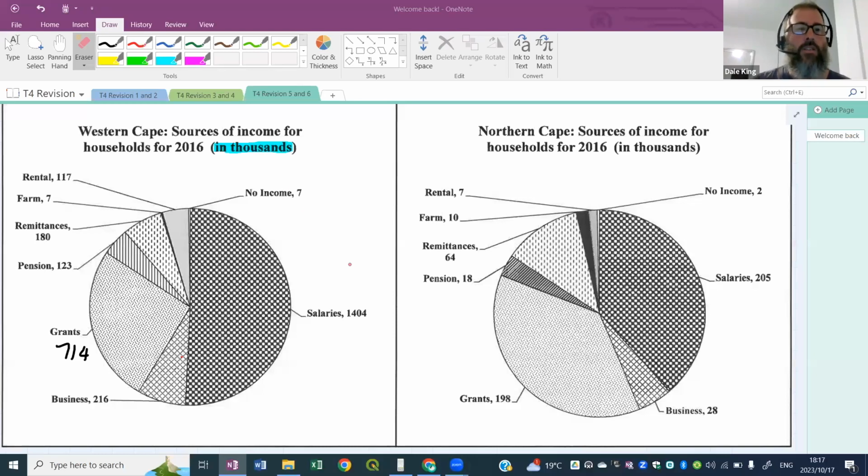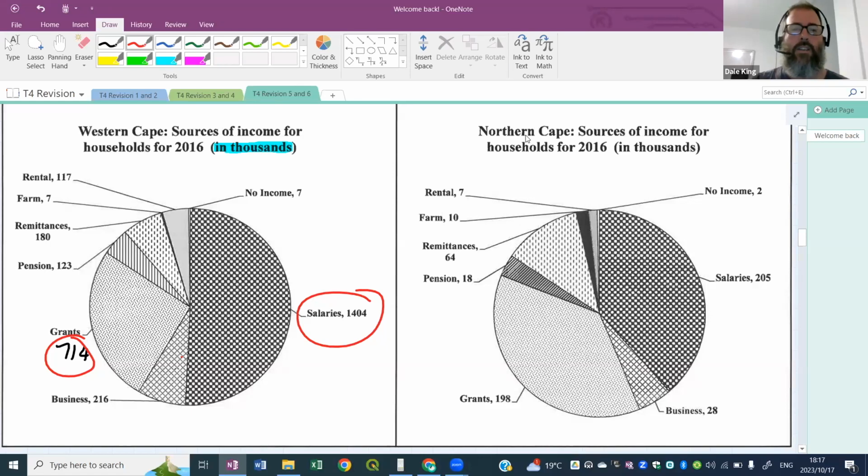Oh, very interesting. So the first highest source, the largest source of income, definitely comes from the salaries. That's the biggest piece of the pie, isn't it? The second highest source of income, the second biggest piece of the pie, must be the grants. So then the third highest income, the third biggest piece of the pie, must be the business income.